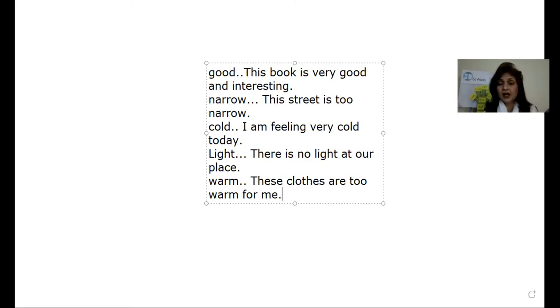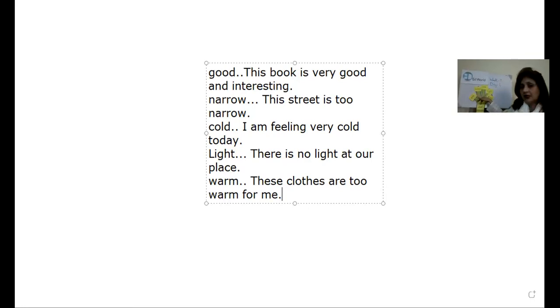Now you see how I have started the sentence. I have started the sentence with a capital letter and ended with a full stop. And see how we have used these describing words, and these describing words make your sentence more interesting. Now we have not made sentences with all of them. The rest you are going to make yourself.